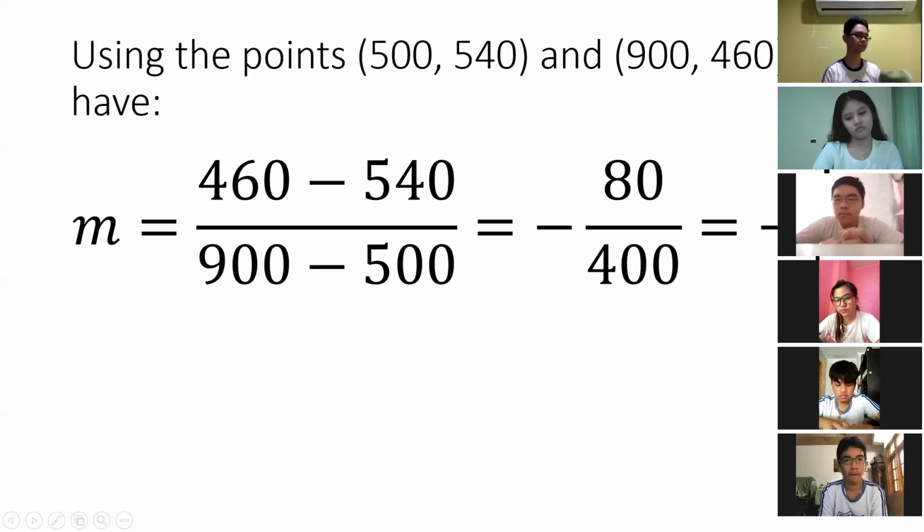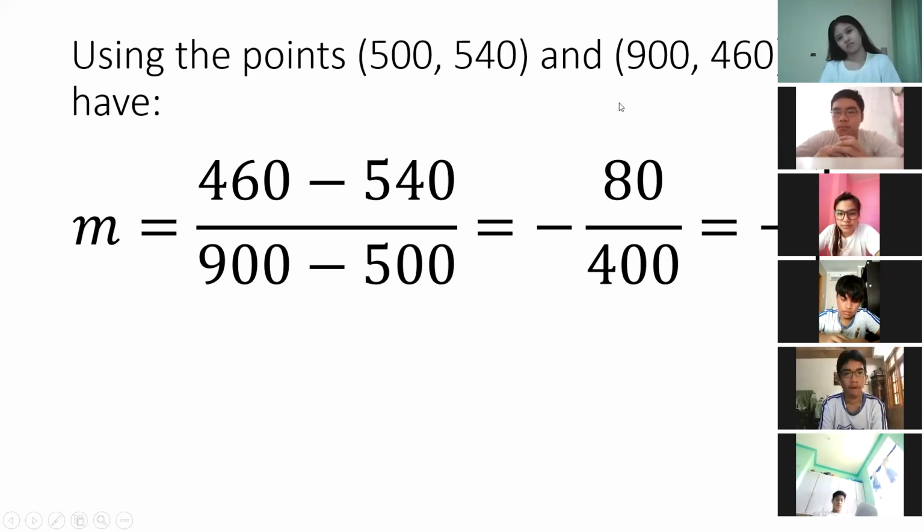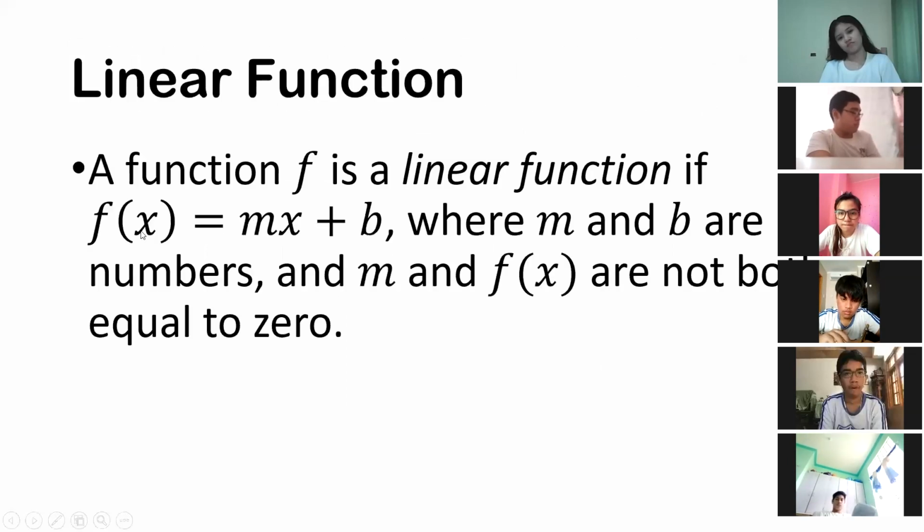Having had the slope, what else do you need in order to solve the equation of the line? Perhaps for those who are acquainted with the forms of the equation of a line, you can simply generate the equation by using the two-point form, if you can still remember it. However, since the linear function we have here is in the form y equals mx plus b, perhaps we're going to use the slope-intercept form.